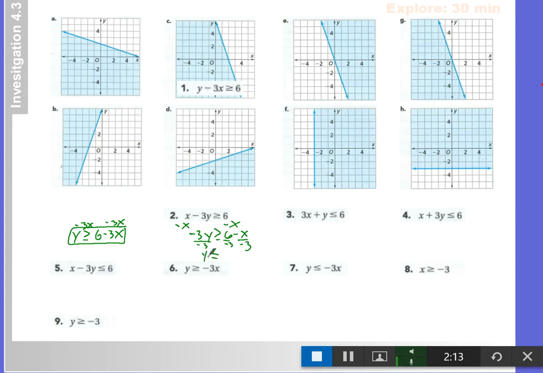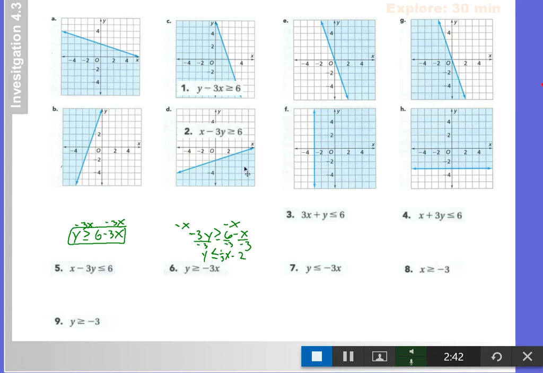So I get y is less than or equal to negative 2 plus, negative by a negative is a positive, so that is a positive 1/3 x. So where do I have a y-intercept of negative 2 and a slope of 1/3? Well, here's a y-intercept of negative 2 and a positive slope. And y has to be less than, so it's shaded below.